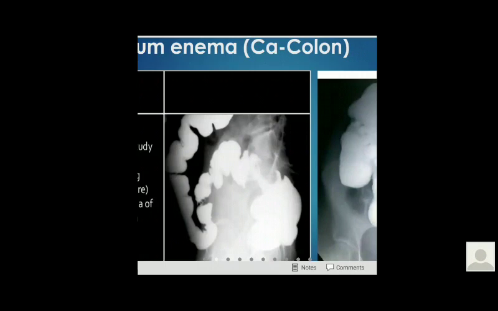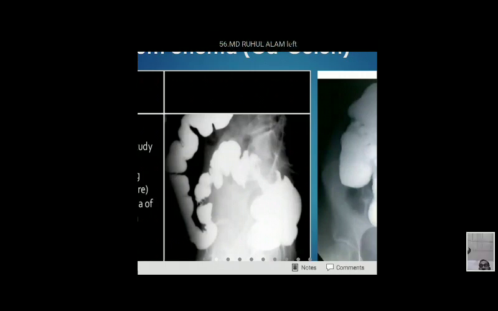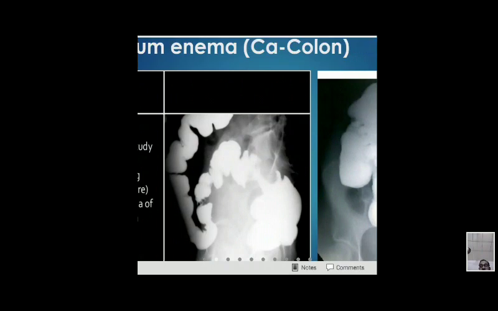Colonoscopy with biopsy. So, what is the histological diagnosis? Adenocarcinoma. Yes, it is adenocarcinoma.